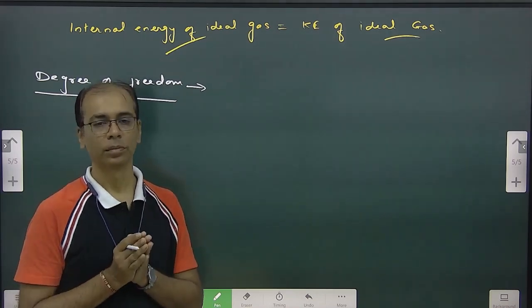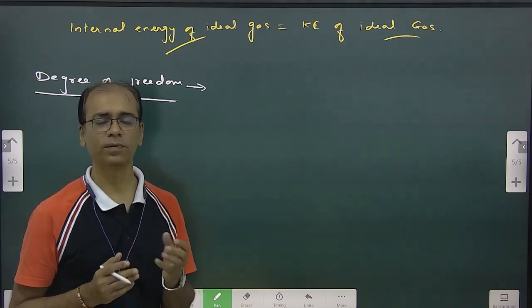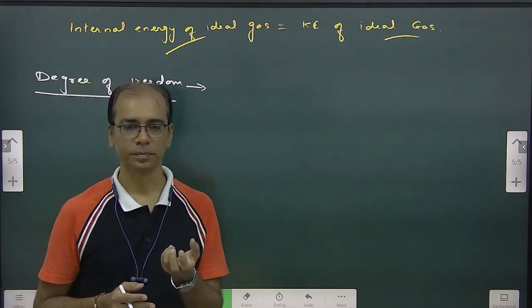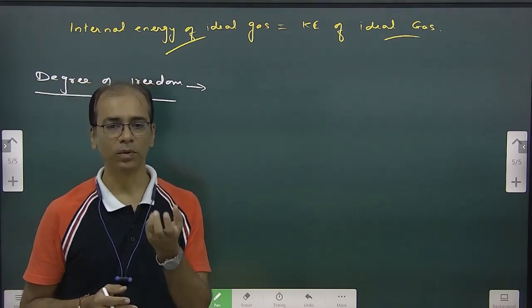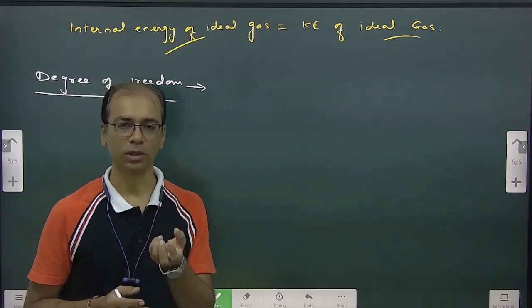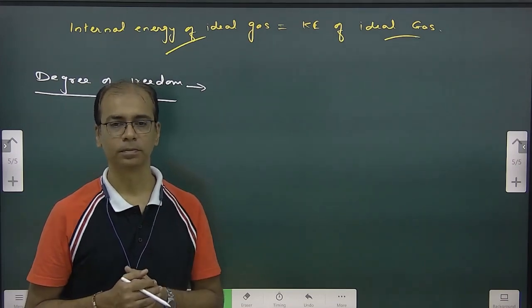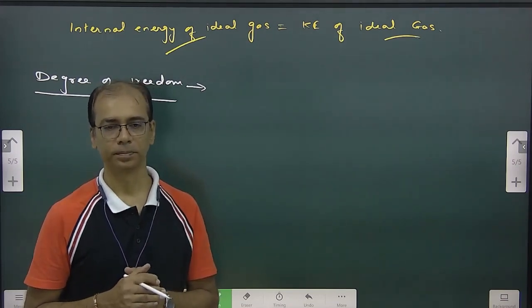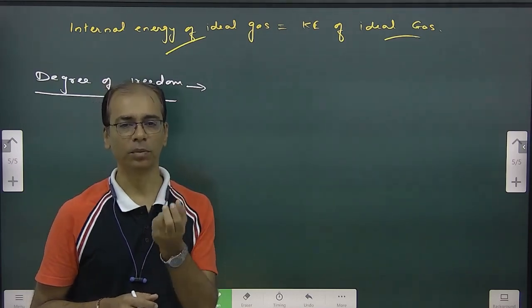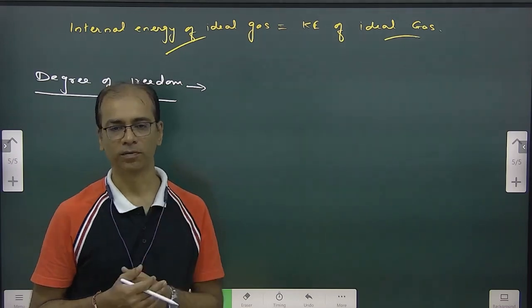Degree of freedom means, if you talk about a molecule of the gas, the number of possible ways in which the motion of that molecule can be expressed. We'll call it degree of freedom.